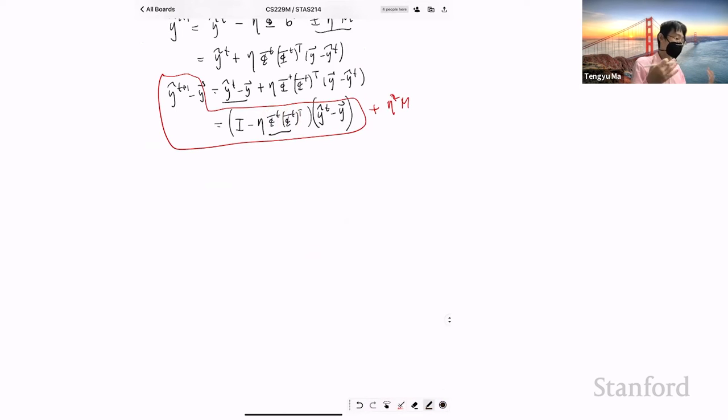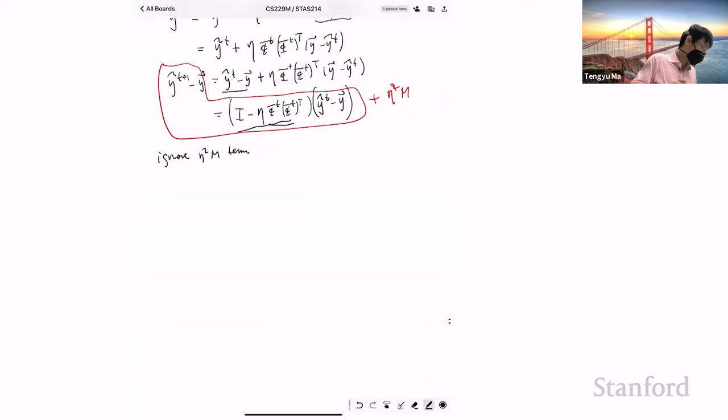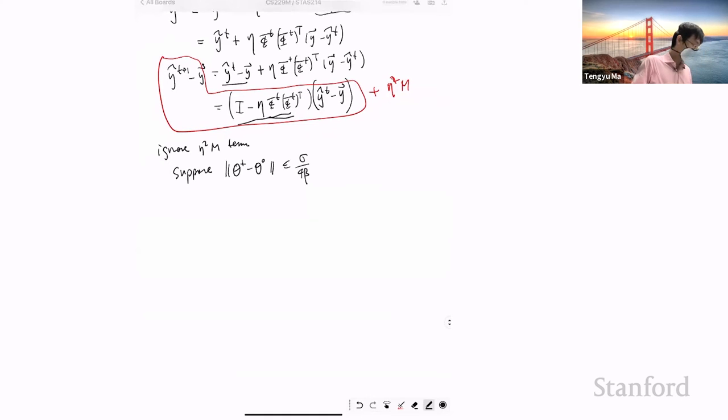In the original proof, you only need I minus eta phi transpose to be smaller than identity. So suppose we ignore the eta squared term because it's second order, and suppose theta t minus theta 0 is within sigma for a beta at time t.